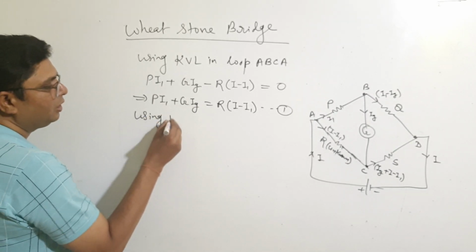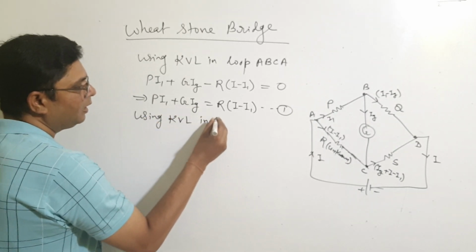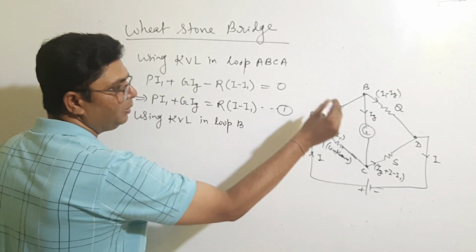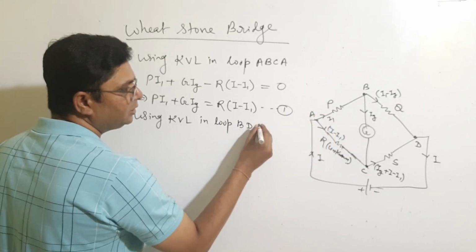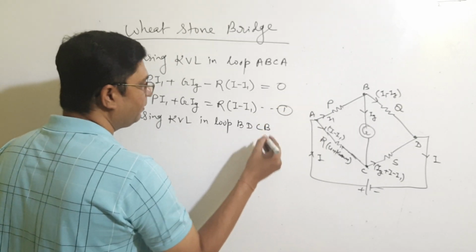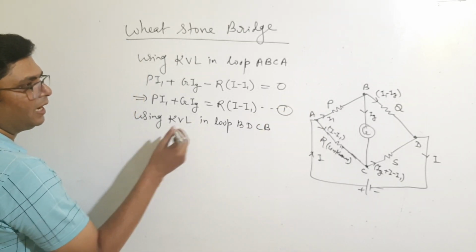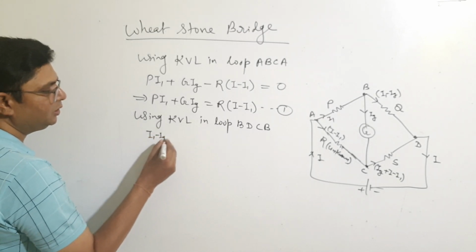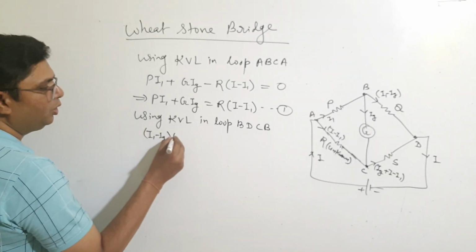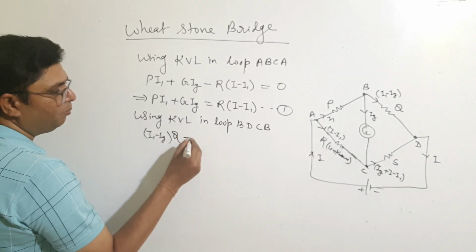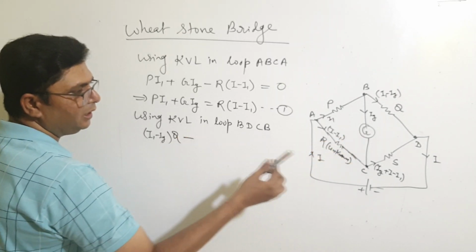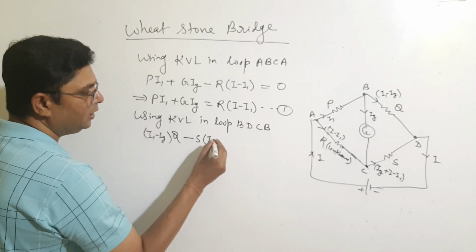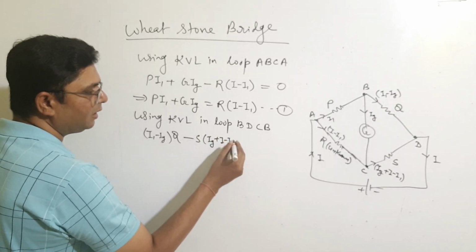Using KVL in the second loop, the naming of the loop is B, D, C, B. Now we have B to D: this is (I1 minus Ig) into Q. Moving from D to C, you have minus S (Ig plus I minus I1).